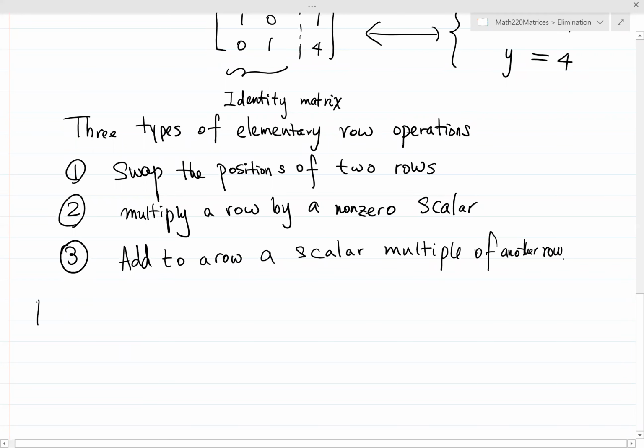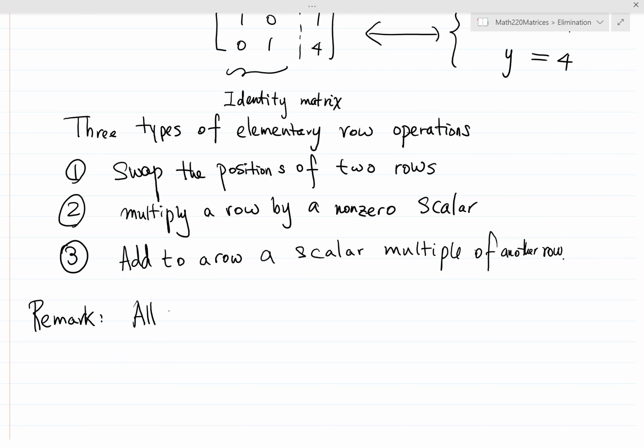Some remark. All the above three types of row operations are invertible, so that we can go back and forth. We do not introduce anything new, and we don't lose any information. So this is an equivalent transform.